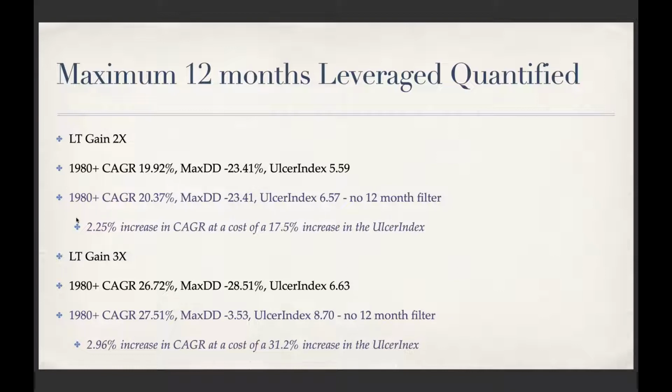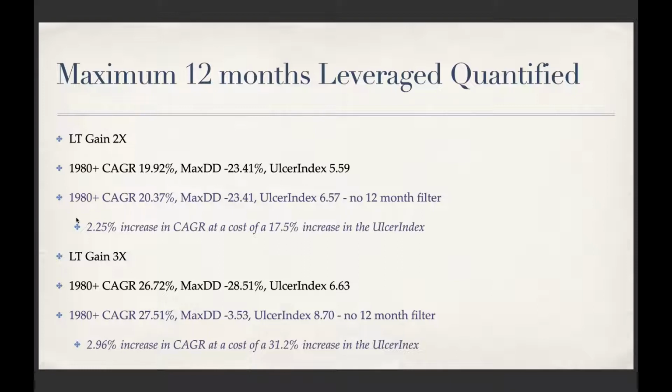If I remove that 12-month filter and just let it stay in leveraged 2x S&P until there is a change out of investment and into treasuries, the CAGR goes up just a little bit. It goes from 19.92 up to 20.37. Drawdown did not change, but the Ulcer Index went up to 6.57.